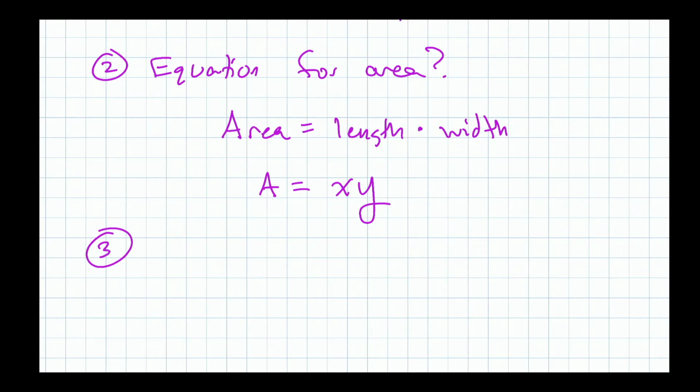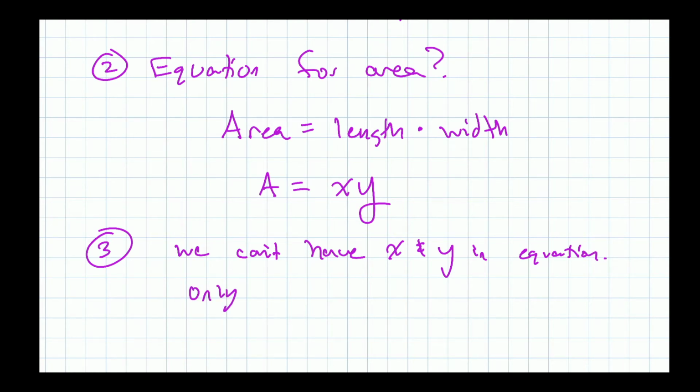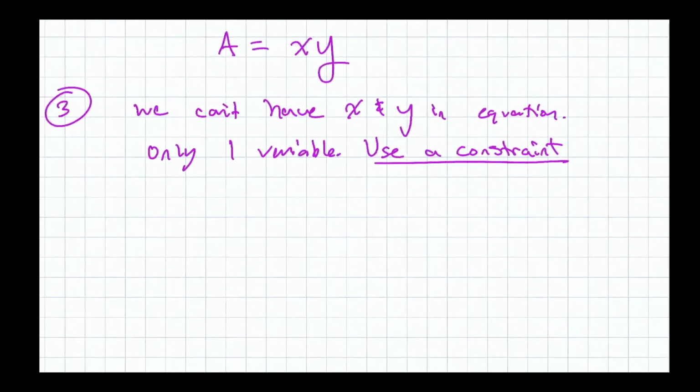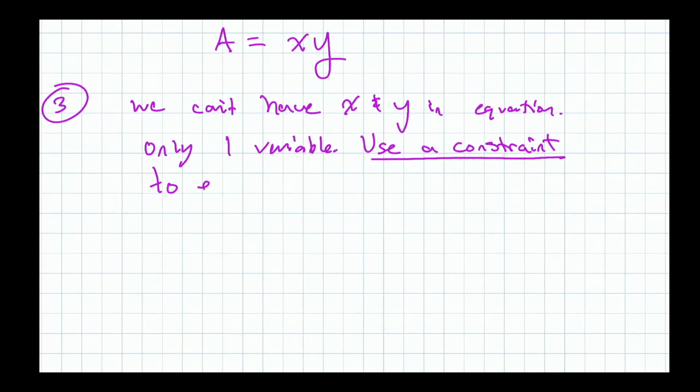We can't have X and Y in the equation. We need just X or just Y, only one variable. So somehow get rid of that. We need to use a constraint to eliminate one of them. Doesn't matter which one, but one of them.